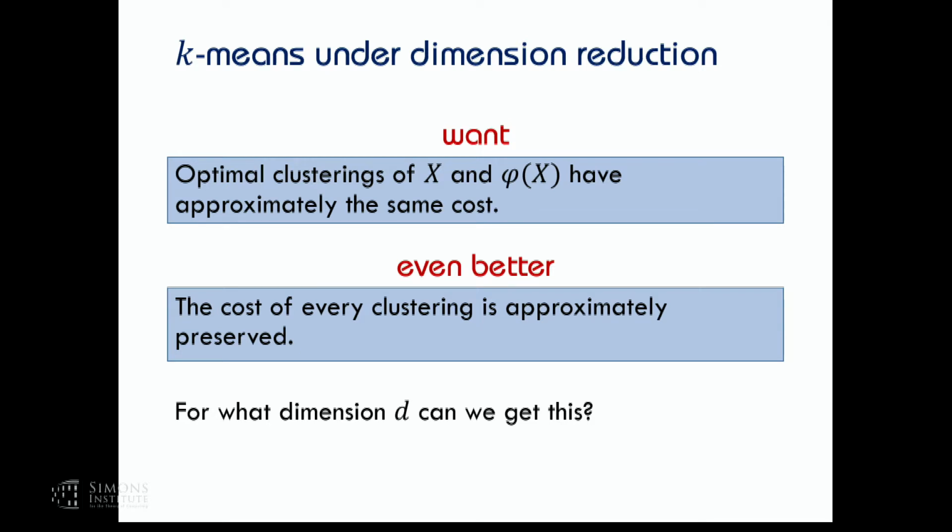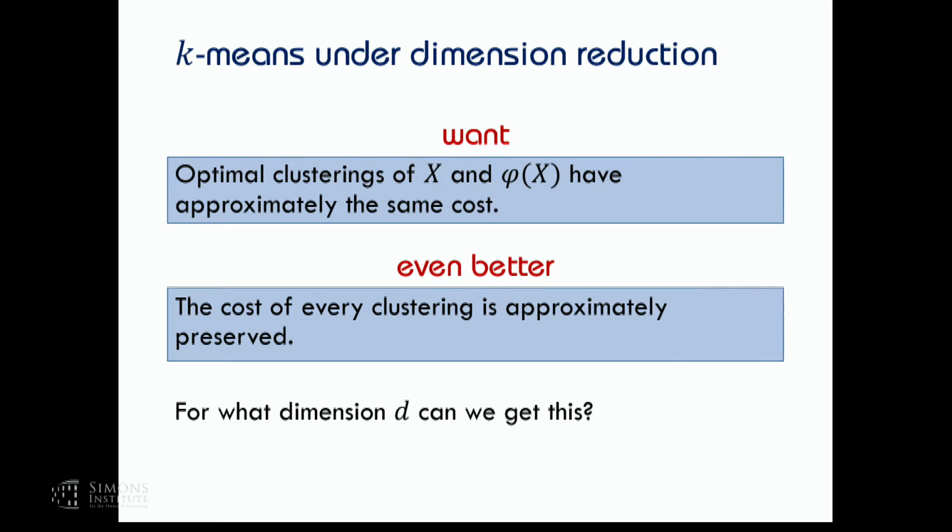At a bare minimum, we want the cost of the optimal clustering to be approximately the same, but ideally we want the cost of every clustering to be the same. And then we are guaranteed that when we project our data set into d-dimensional space and find a good clustering in this space, it will correspond to a good clustering in the original space.